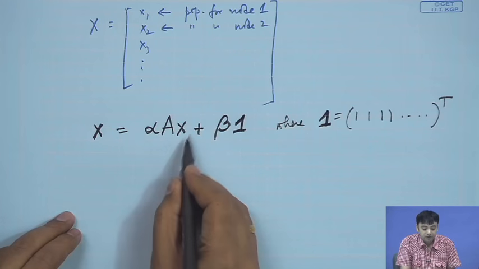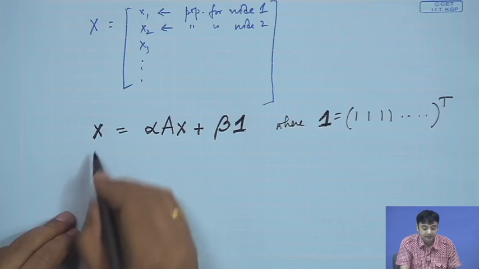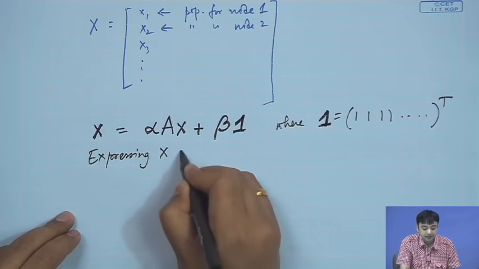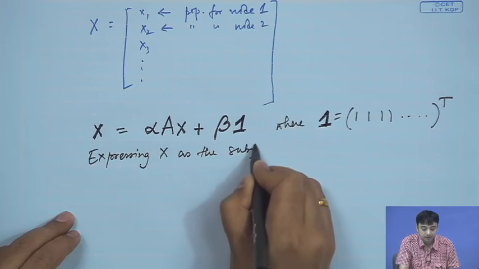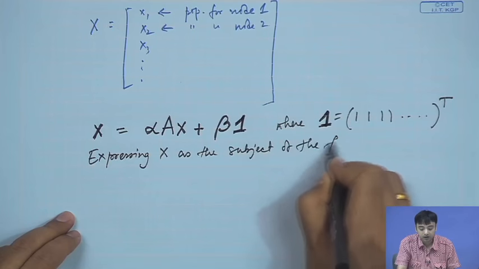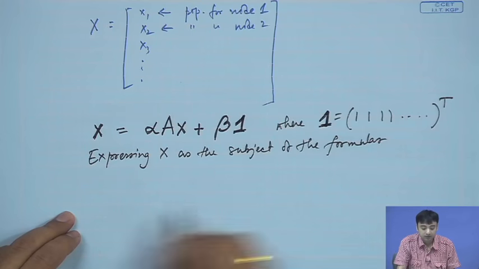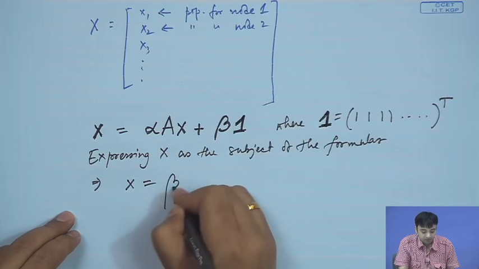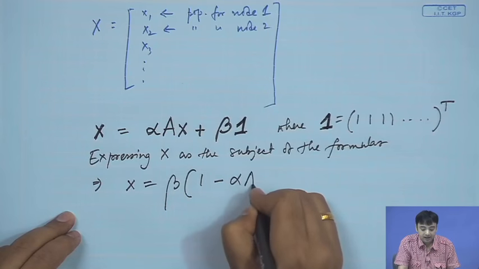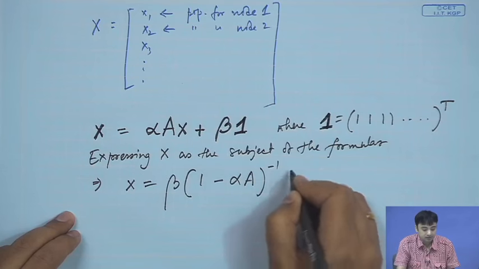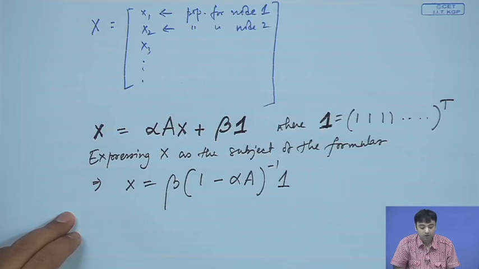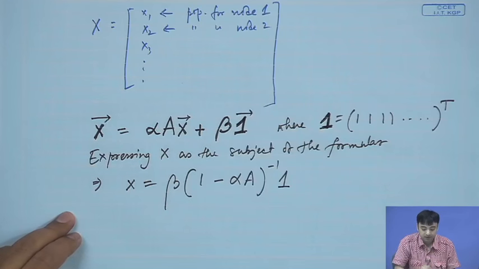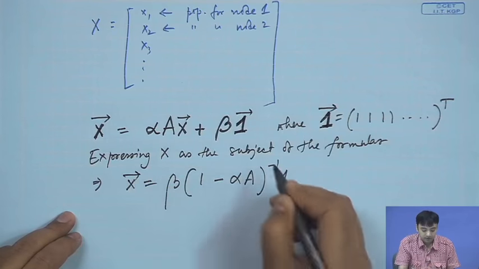Now, if we try to readjust and express x as the subject of the formula, we can write x is nothing but beta into (1 minus alpha a) inverse, and there is this vector of all ones. Let us denote the vectors by the vector sign, it would be easier for us to note.